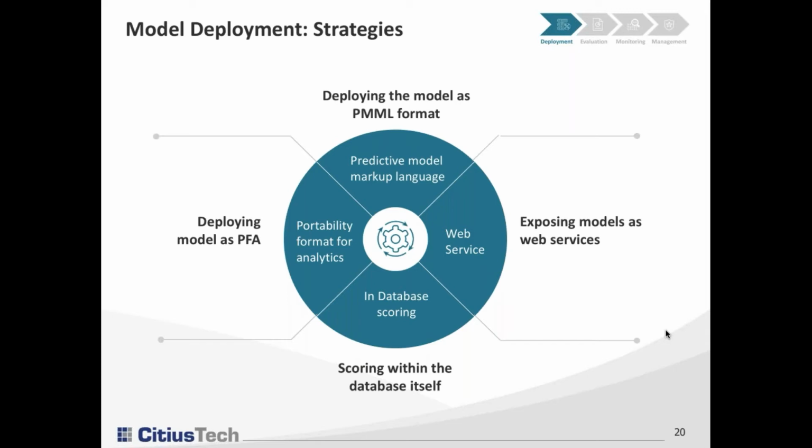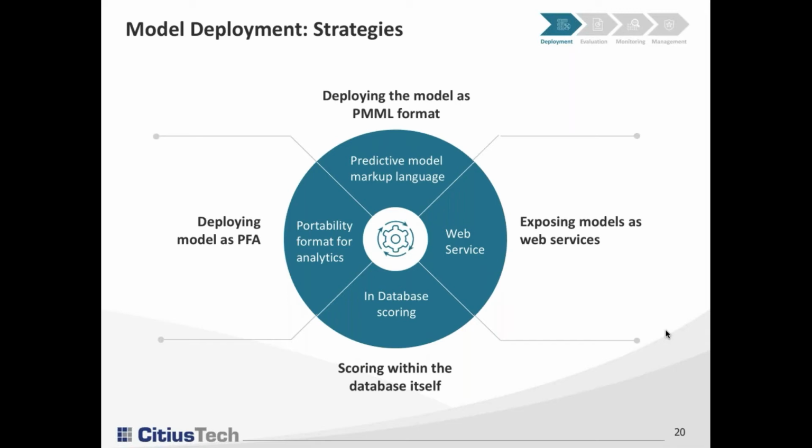So the first is deploying the model in PMML format. This is the predictive model markup language. It's basically an XML language that captures model metadata and characteristics, and is then pulled into the production environment in order to ensure consistency across different environments.